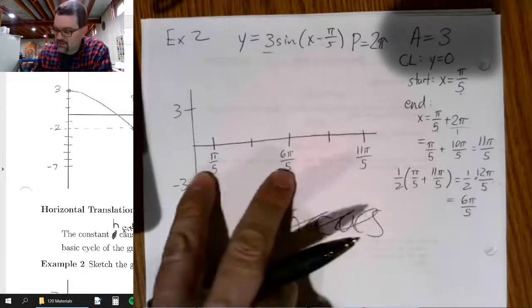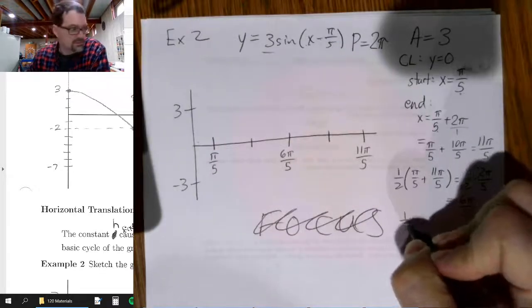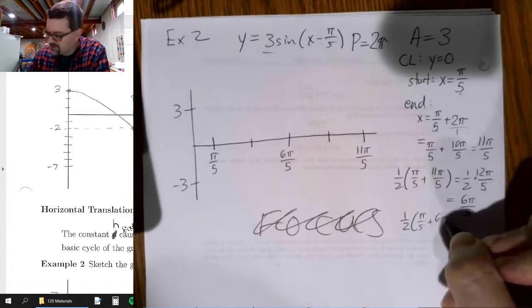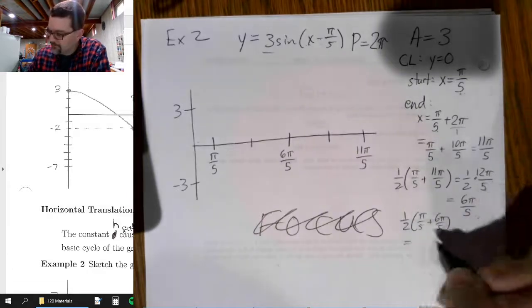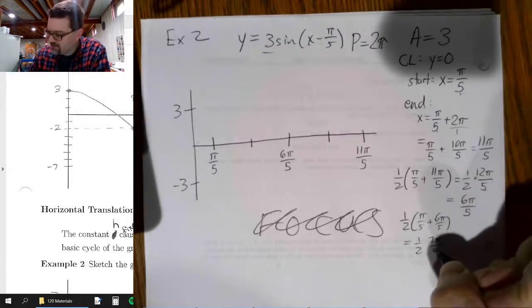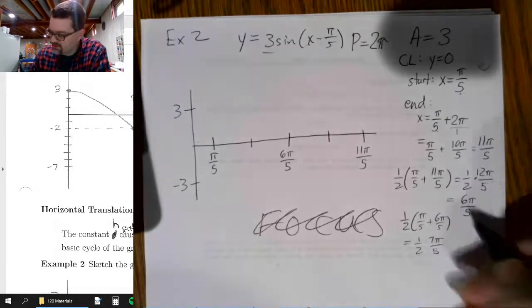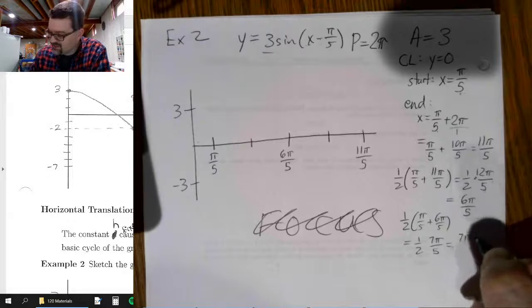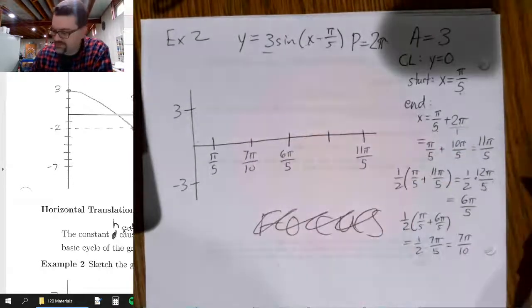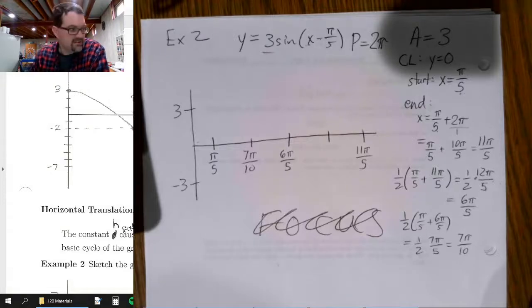Now, this guy and this guy, halfway in between these two. All right, 1/2. So between pi over 5 and 6 pi over 5. Add those up and we get 7 pi over 5. 1 pi plus 6 pi. And actually nothing cancels here, so we get 7 pi over 10. And that doesn't simplify.